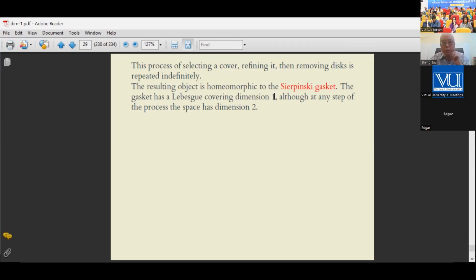This is called the Sierpinski gasket. Of course, the Sierpinski gasket was done on the unit square, and it geometrically deletes things. But here we are topologically doing it by deleting points covered by 3 open sets for any given finite open cover.